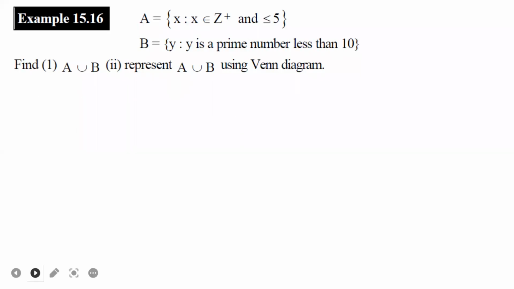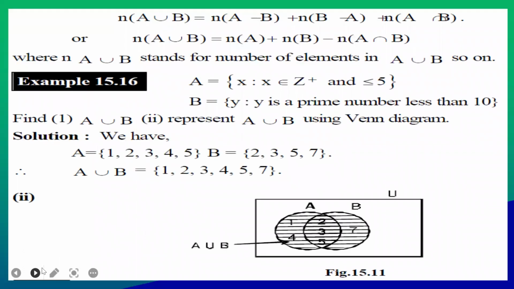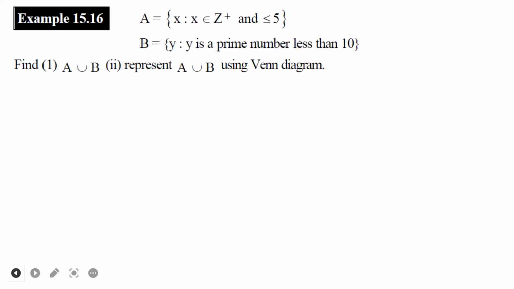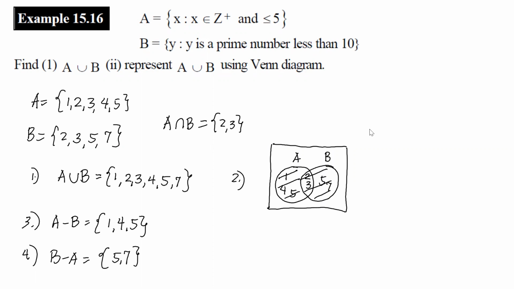Next. That's the answer. Ay, kasama pala si 5. So, dito sa part na to, 2, 3, 5. Ang intersection. Good, 5 here.